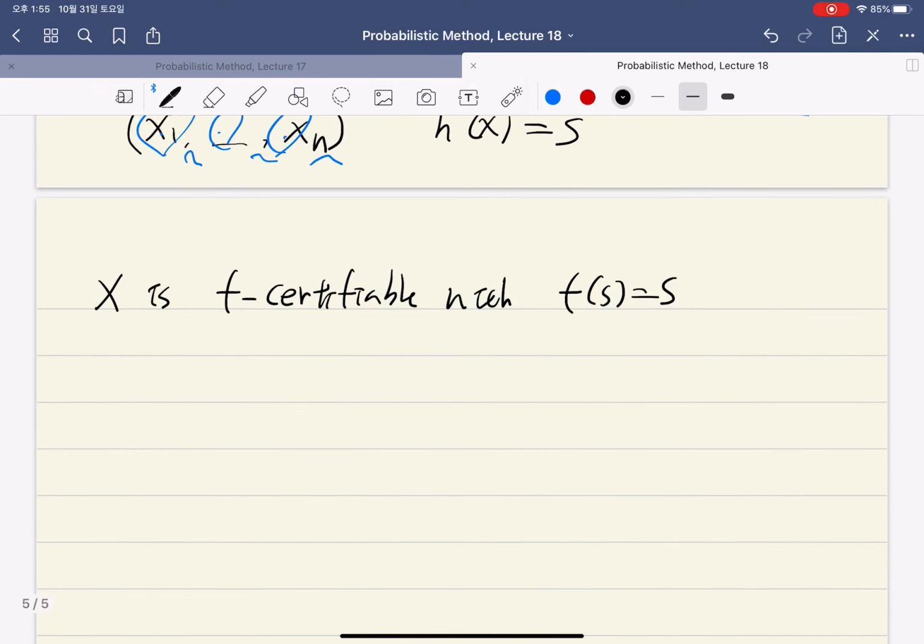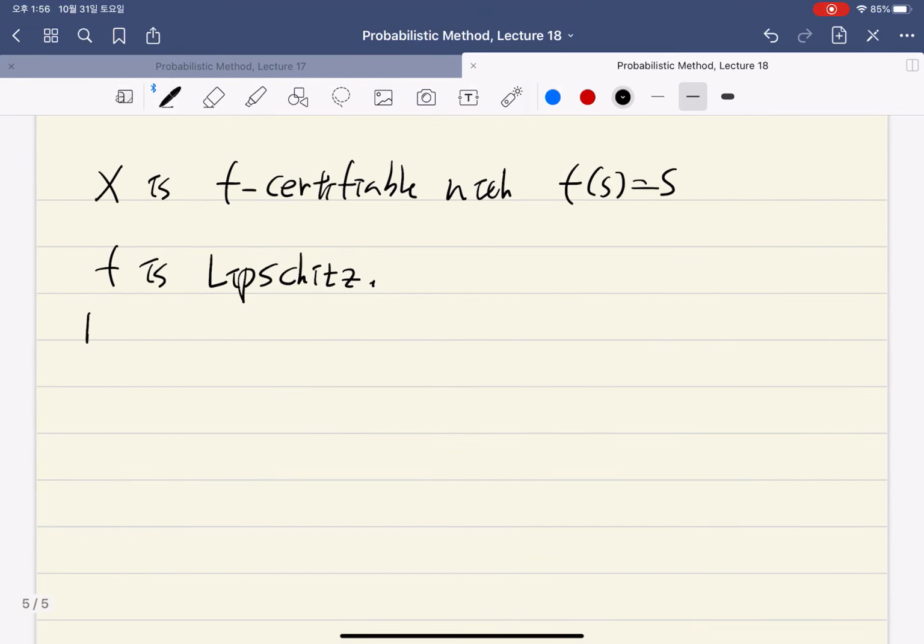So this is f-certifiable with the identity function f. And f is Lipschitz, because changing one coordinate only changes the value by one. So by Talagrand, we can apply the Talagrand inequality.